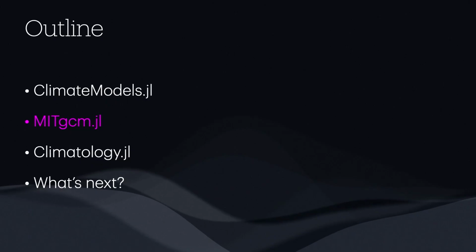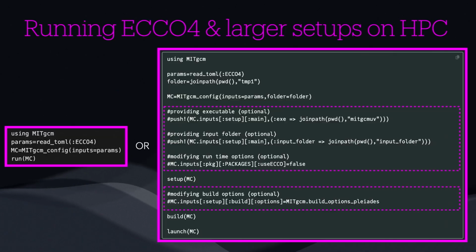So that's ClimateModels in general. I just want to give you a little bit more of a flavor. I've done some presentations before on this. Here is a little bit more detail on MITgcm GL. So on the left is the, I guess, 3-line version of my running a GCM in Julia, in the case of the ECCO solution.